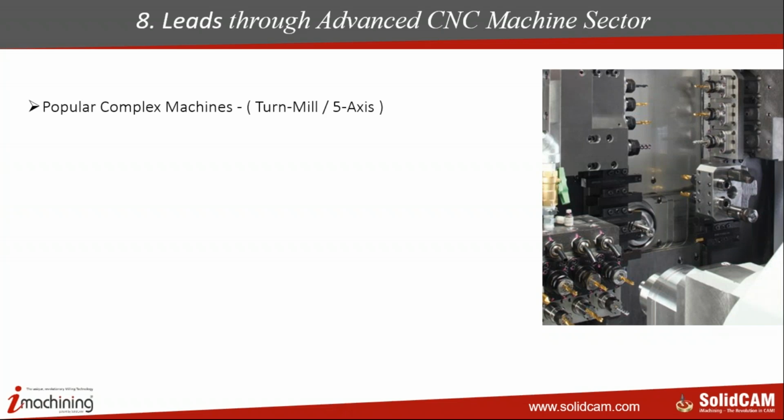What do we do with this slide? Popular complex machines, turn mill, 5 axis. Every salesperson has to evaluate, in the specific country or region where he is trying to sell the software, which machines are famous there.